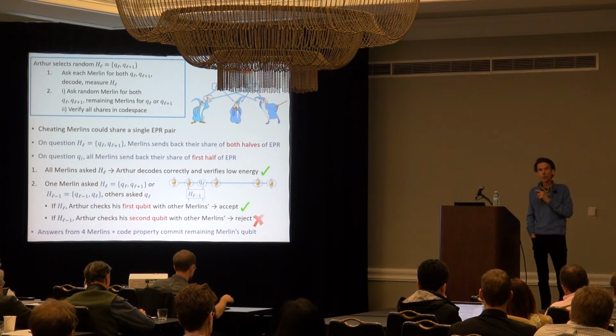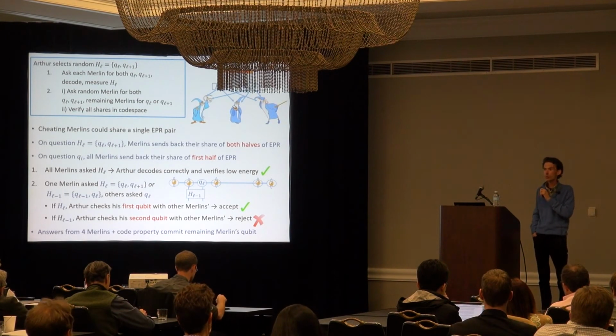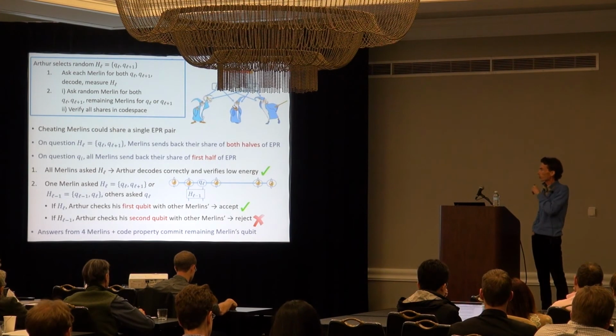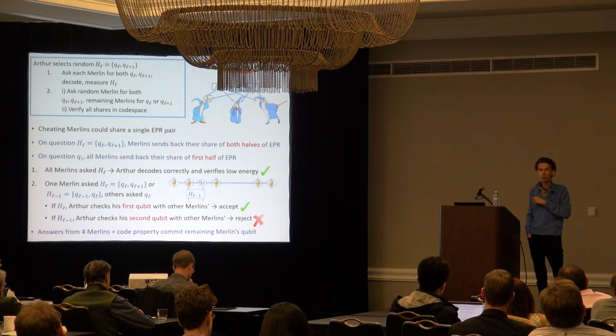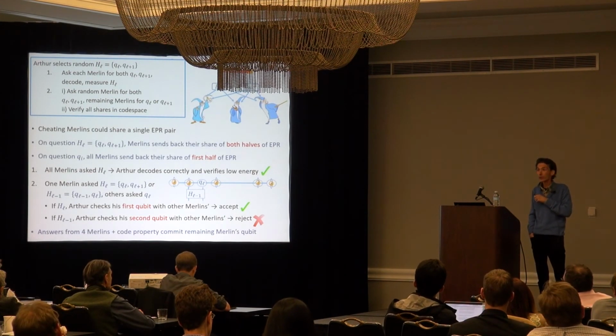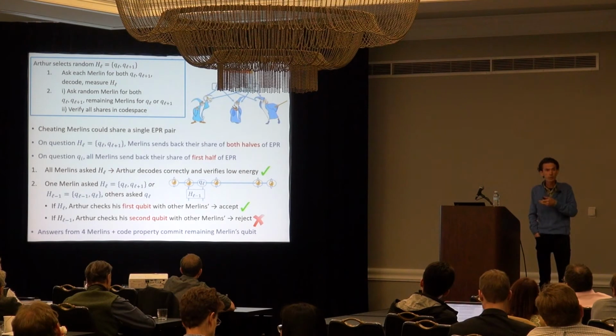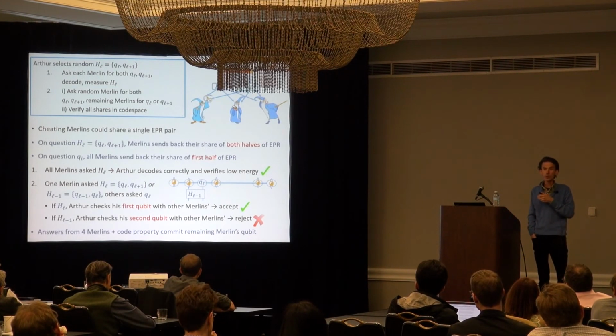You really don't have much to start with, right? What does proving soundness mean? It means, suppose that I have a local Hamiltonian that's given to me, and suppose also that it's possible to succeed with very high probability in my game. So I have a strategy for the Merlins that succeeds in the game with high probability.